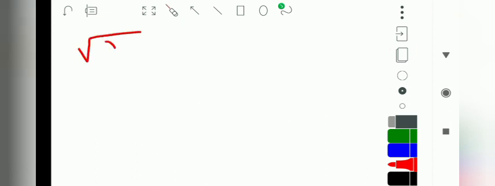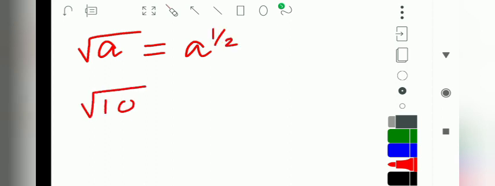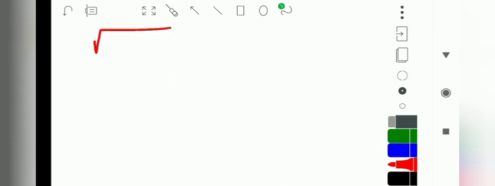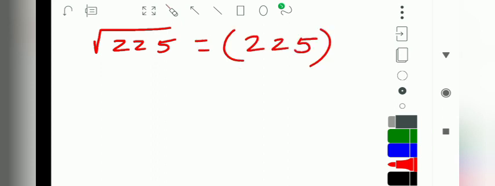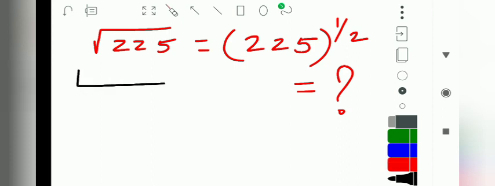You can write root over 25 as 25 whole to the power half. Similarly, root over a equals a to the power half. Root over 10 equals 10 to the power half. Root over 225 equals 225 whole to the power half. Now try to find out the value of 225 to the power half.